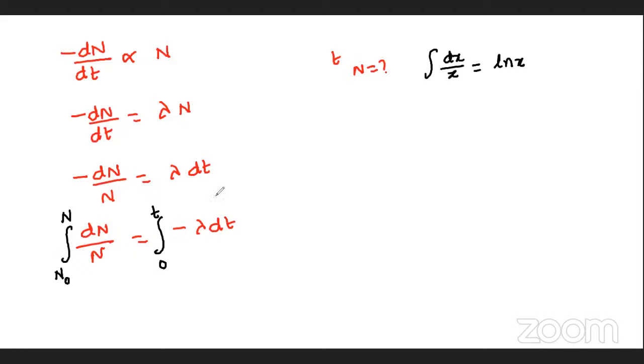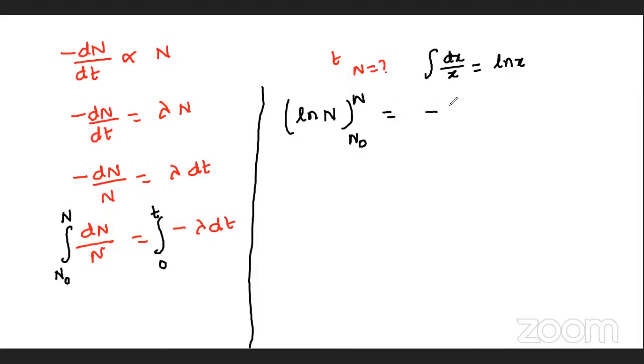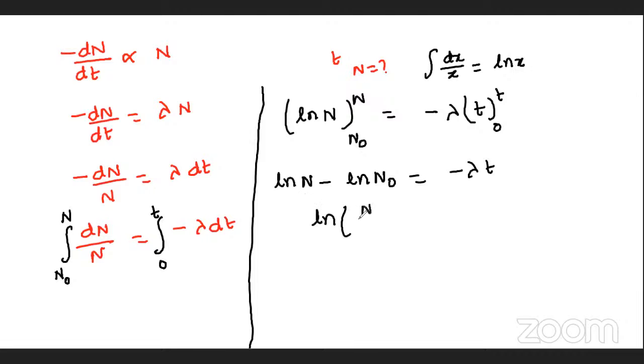So this I can write as ln N between the values N0 to N is equal to minus lambda times t between the values 0 to t. So ln N minus ln N0 is equal to, applying the limits, minus lambda t. Log m minus log n, I can write as log m by n.